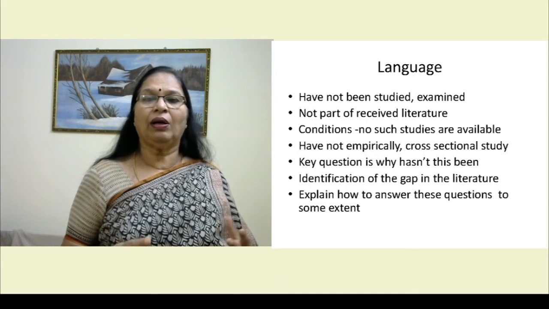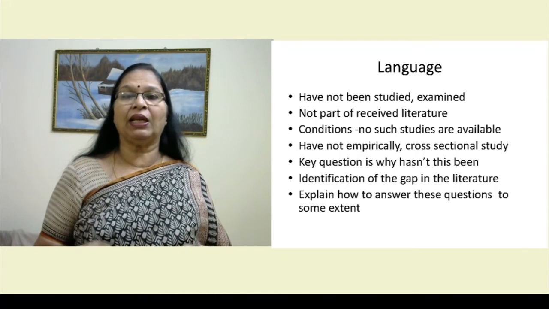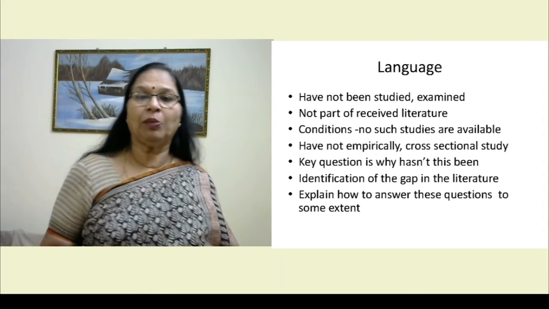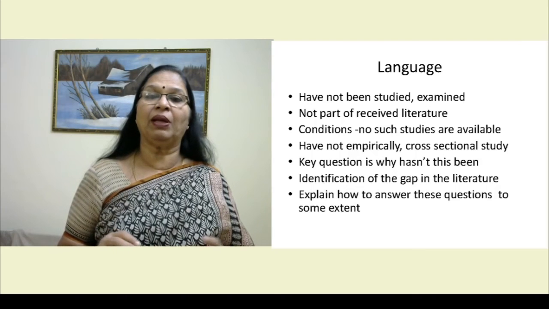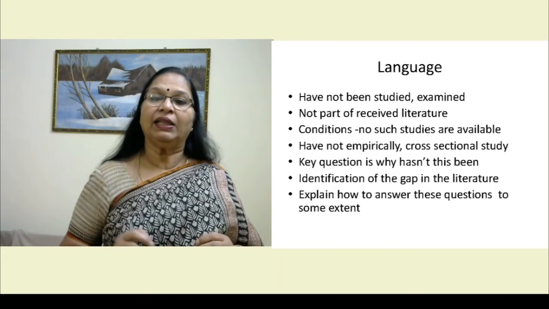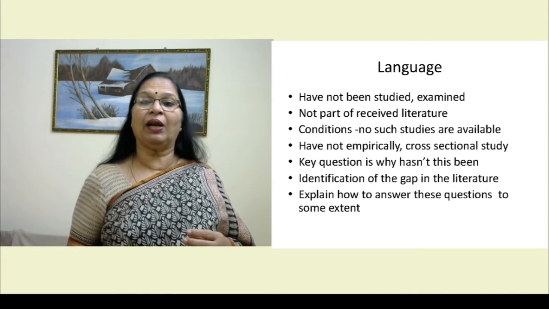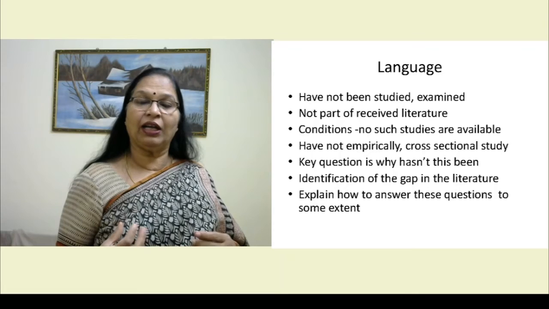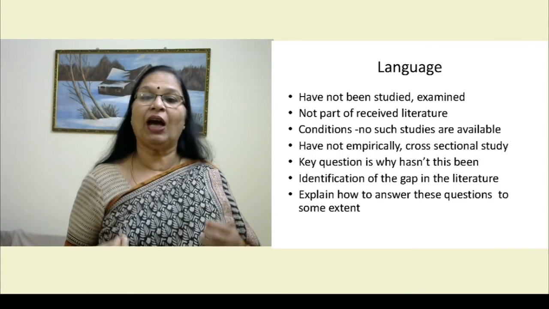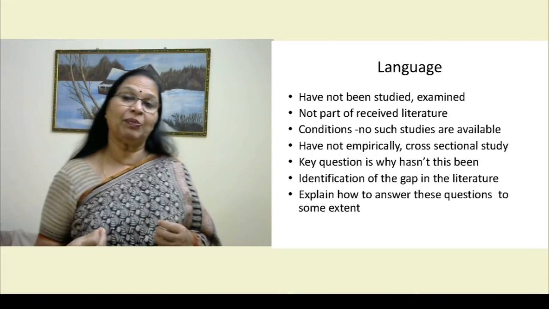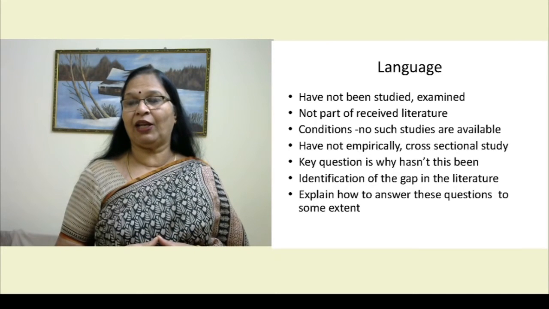So, here, the language that is often used is: have not been studied, has not been studied, has not been examined, not a part of received literature, no such studies are available, have not empirically tested it, there are no cross sectional studies. Key question is why hasn't this been done? Then identification of the gap in the literature itself has to be the reason for you. And finally, explain how. After you have identified this gap, the question is how are you going to answer these gaps? That particular statement becomes very important.